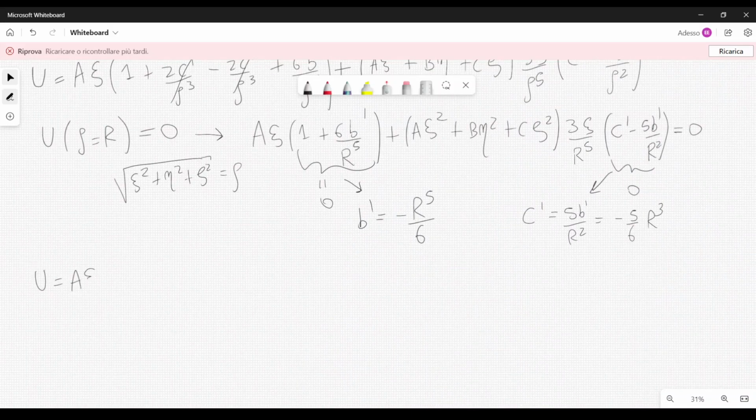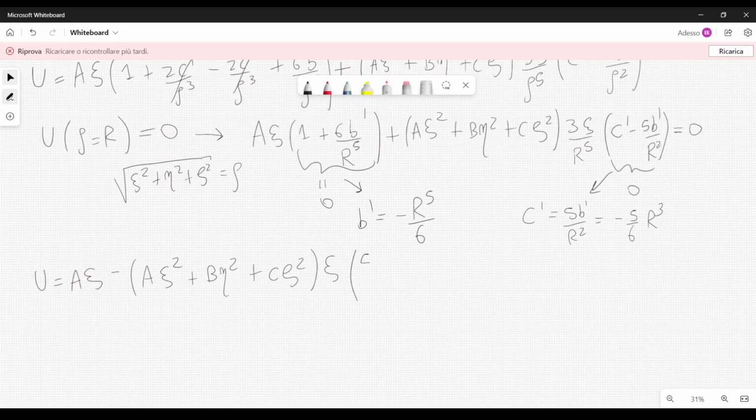So the expression for u that we find is the following. U is equal to a xi minus (a xi squared plus b eta squared plus c zeta squared) times xi.